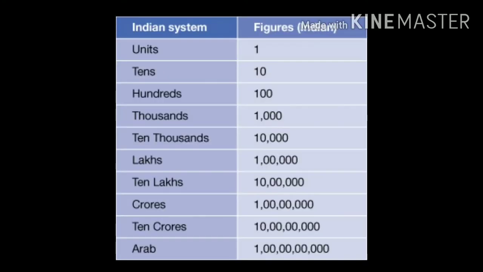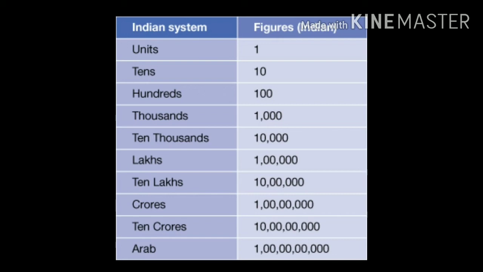The given image shows the Indian system figures: 1 digit number, 2 digit number, 3 digit number and up to 10 digit number. A 1 digit number has unit value 1. Then tens position 10, 100, 1000 up to Arab. Arab is a 10 digit number.